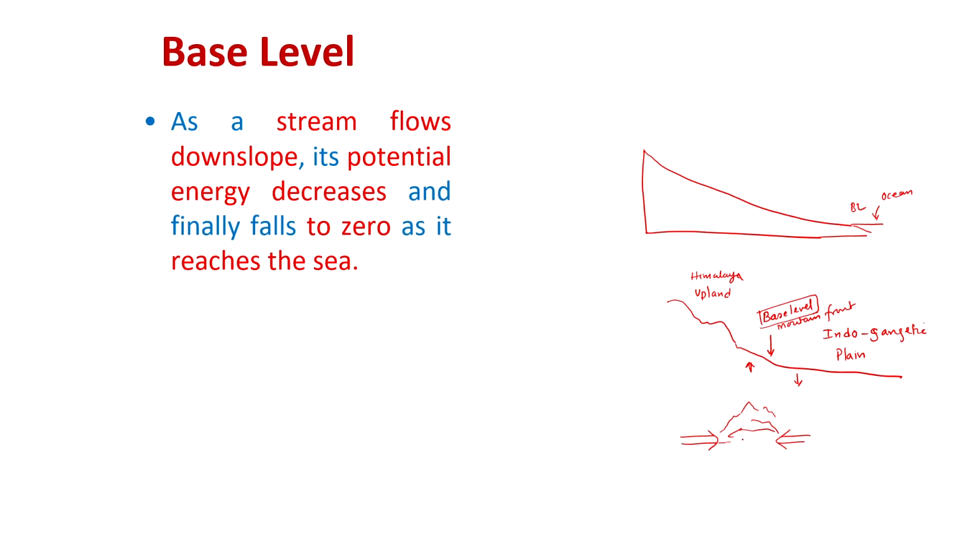Suppose this is south and this is north, and the Indian plate is subducting or colliding with the Eurasian plate. This is your Eurasian plate and this is your Indian plate. Now suppose there is a change because this portion is getting uplifted and going up.